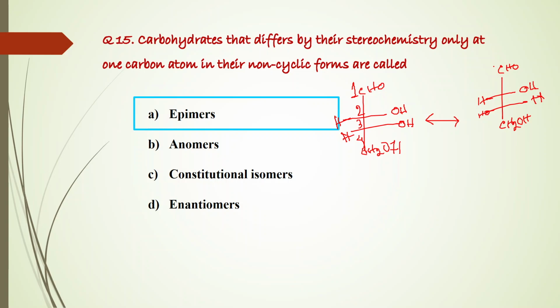Here also if we mark 1, 2, 3, 4. So this second structure, if we name them A and B, B is in what position we did the change? At C3, we did that change at the third carbon atom. So this is a C3 epimer of A. Okay, I think it is clear.